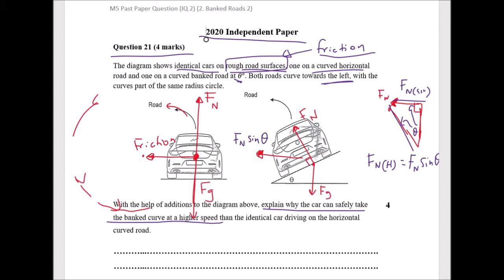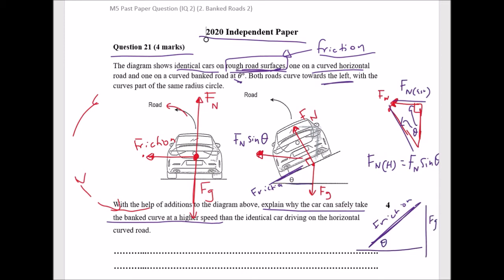The next thing I need to realize is this is on a rough road. So if it's a rough road, there is also friction here. If I draw friction out again, I'll draw it over here. This is friction, the value of friction. And we're using this triangle here. This is our weight force.